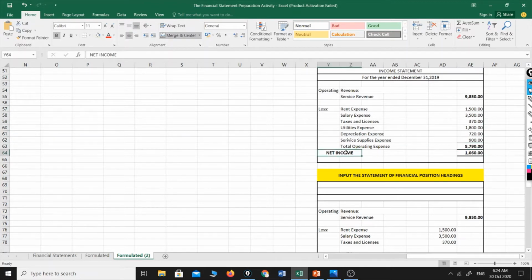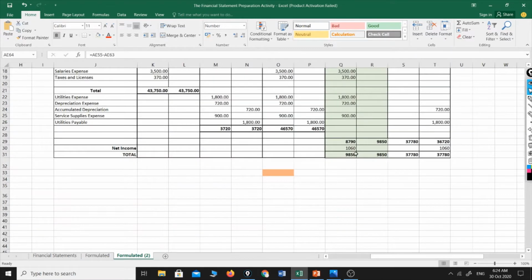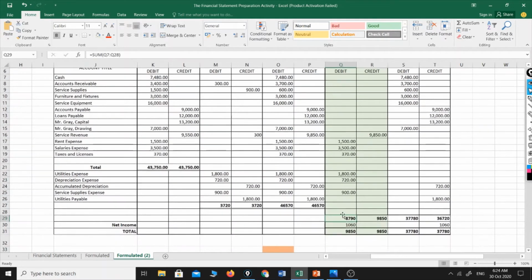So in order for us to come up with a net income or loss, again, 9,850 revenue minus the total operating expenses of 8,790. That's how we came up with 1,060. As you can see, the difference between the debit and credit here is also 1,060 because the difference reflects whether it is income or loss.